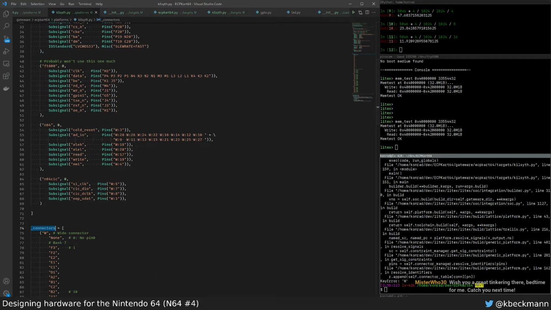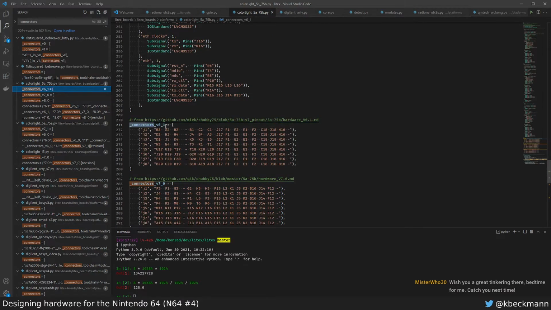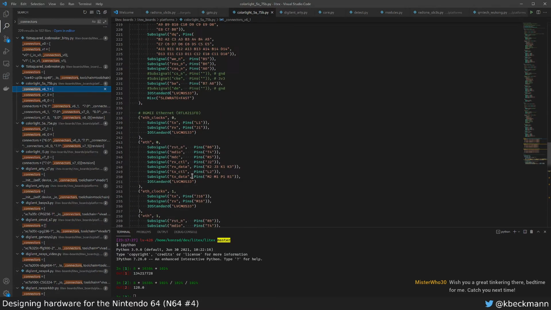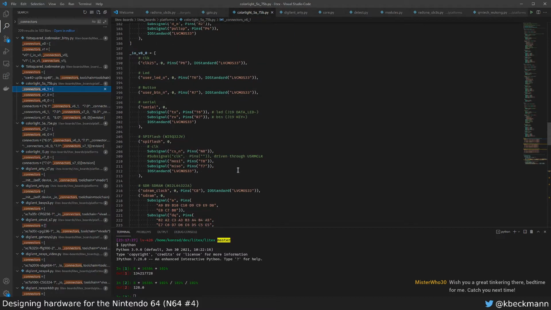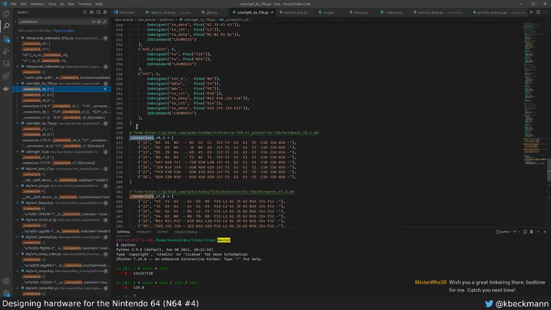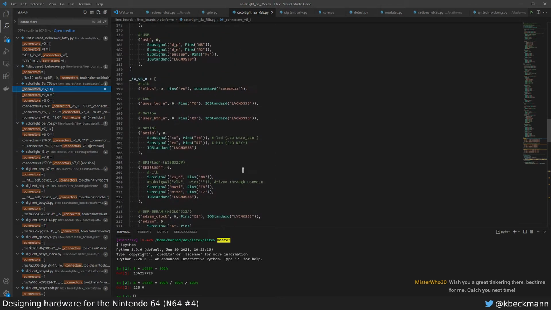I'm gonna have to cheat a little bit. Let's see if there are any connectors. Yeah, there are. So what I'm looking for now, or if anyone in chat knows, is how to reference a connector from the IO definition.